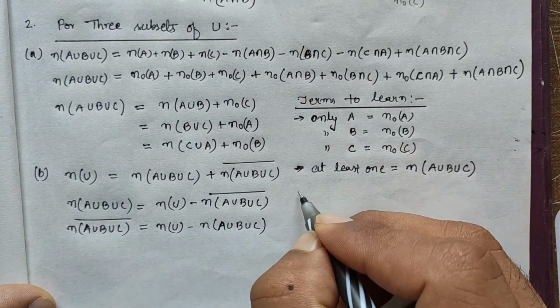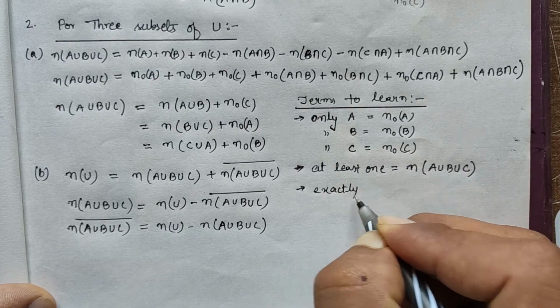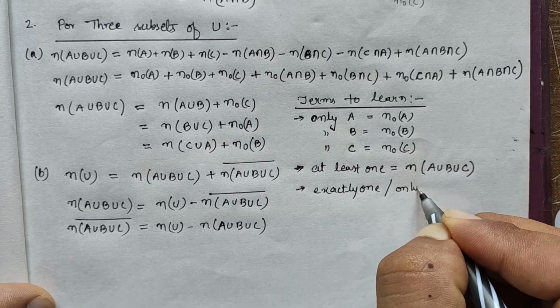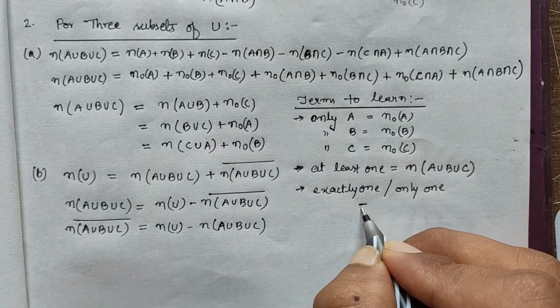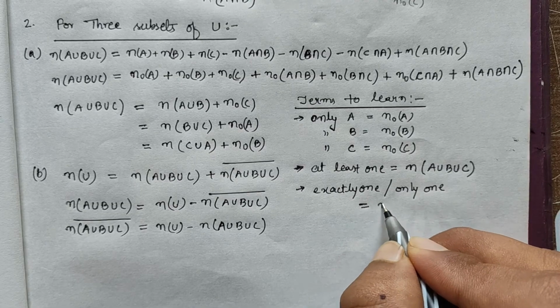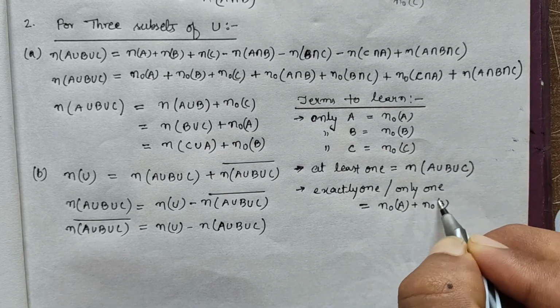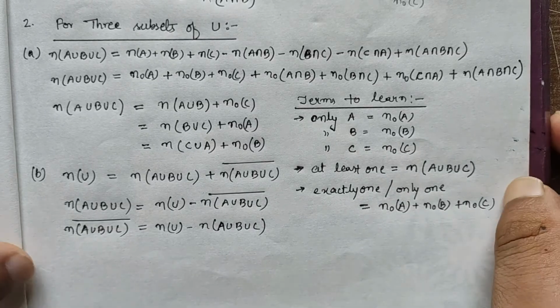So if the question asks to find exactly one or only one, at that time what do you have to find? Exactly one means you have to find n(only A) plus n(only B) plus n(only C), because they have nothing common.